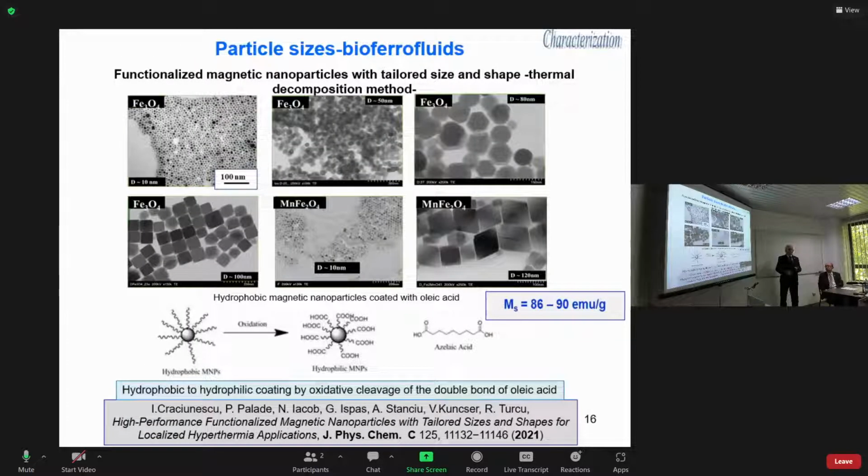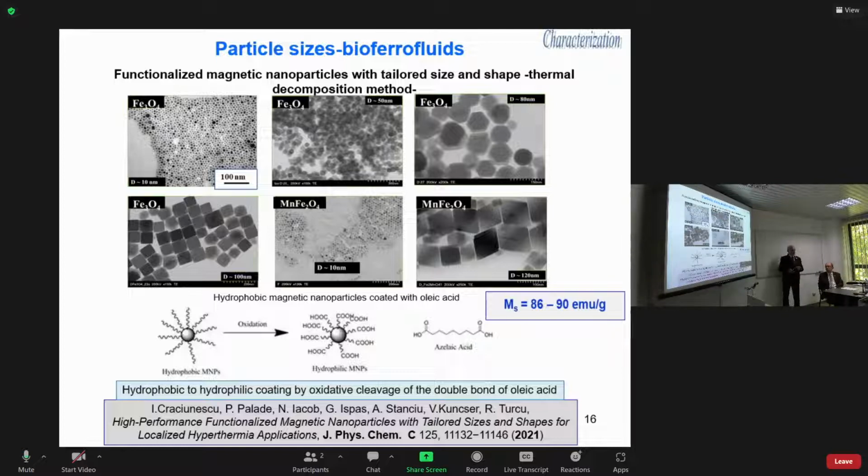Here, the particles produced at the Institute of Rodica Turcu, in ECDT, in Romania, everybody knows it. It's very interesting to see that not only the spherical particles are of interest, and if you think about magnetic hyperthermia, you can think about nanotubes and so on.